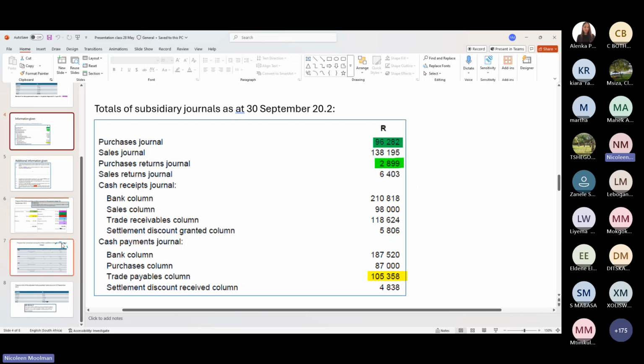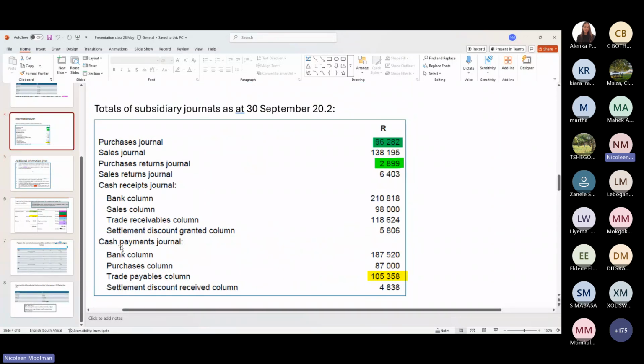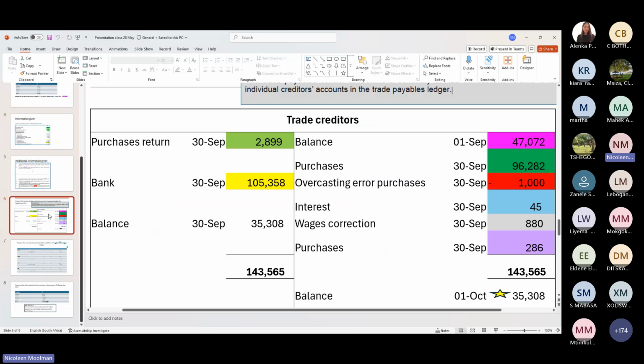That is wrong because in the additional information they said 880 rand of wages was included in the trade payables column in the cash payments journal. So in this number there's 880 rand, but that's wrong. We didn't pay a supplier 880 rand. We paid wages for 880.